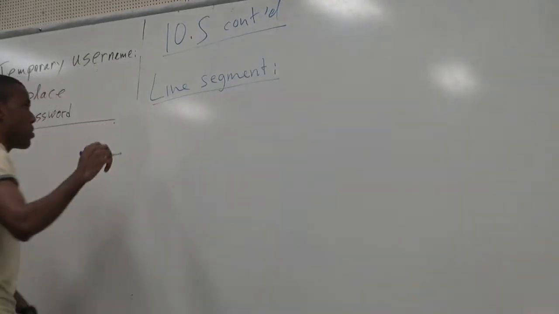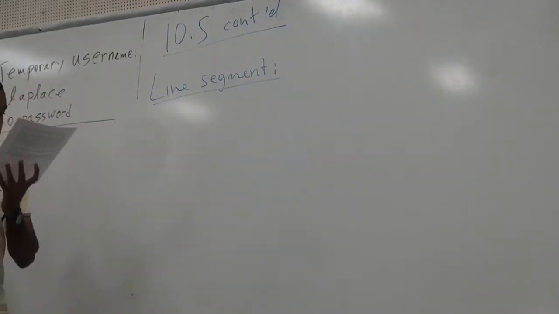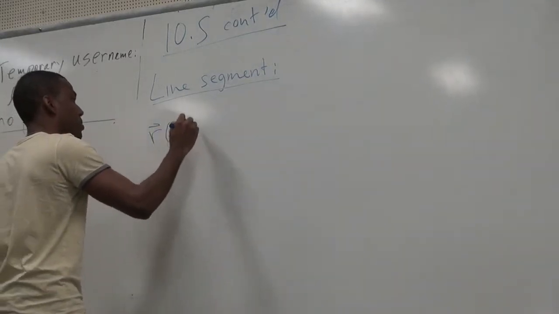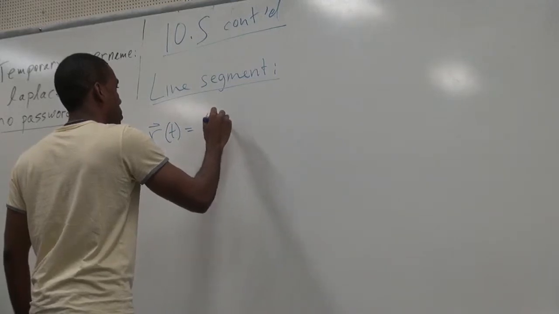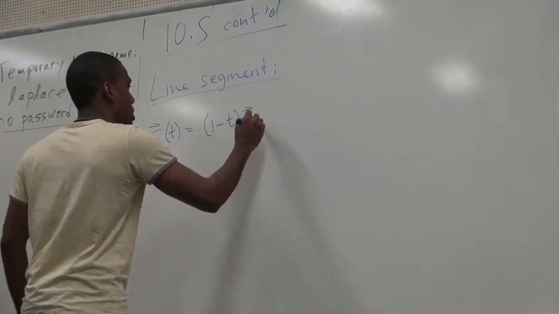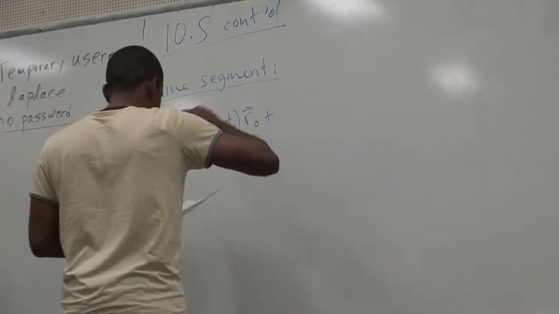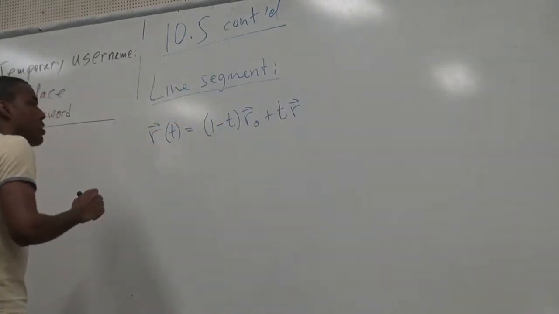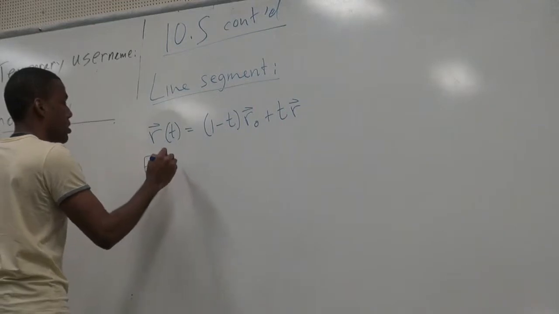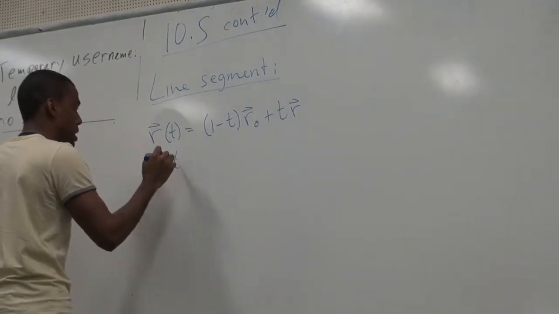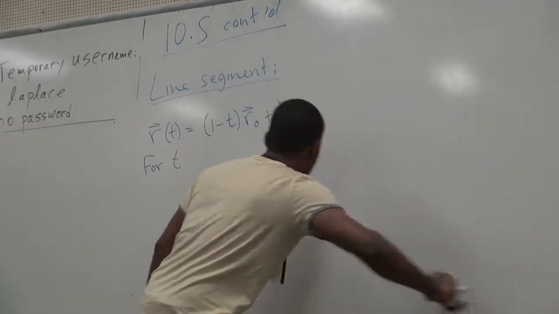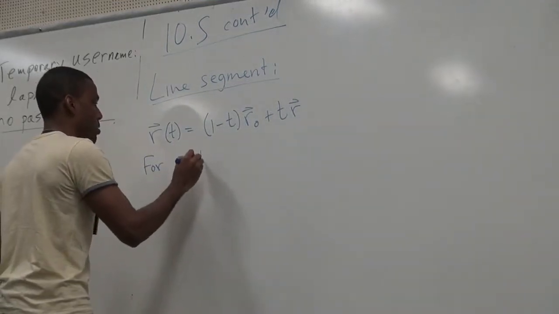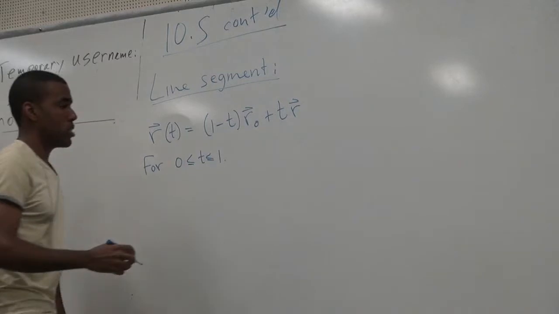I'm just going to give you their formula. There's a formula that the book gives you. I don't know, I never remember. Or t goes from 0 to 1.